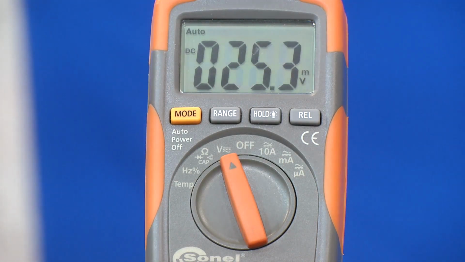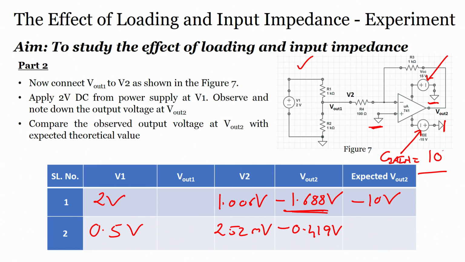Because 252 millivolts, if I have a gain of 10, then 252 millivolts into 10 will give us minus 2.5 volts. What I am observing? Minus 0.419 volts.